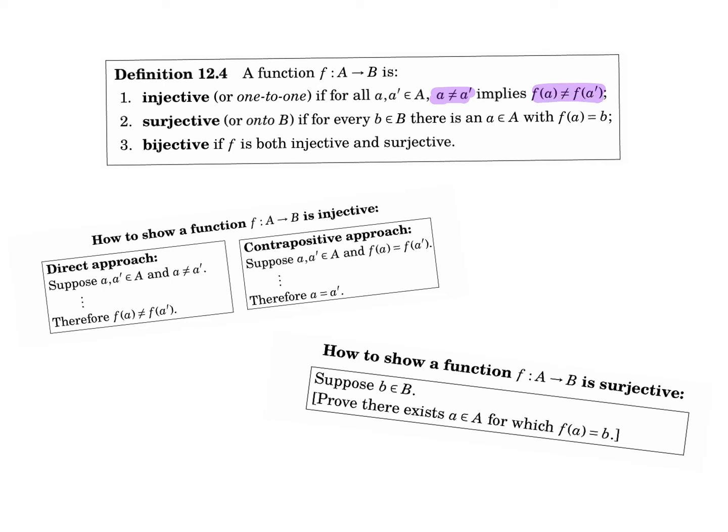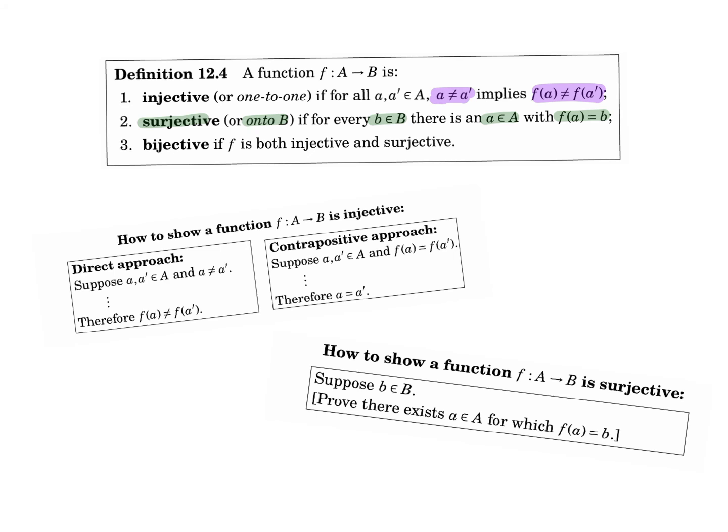So I can't have two unequal elements getting mapped to the same element. And it's surjective, or onto, if for every element in the codomain B, there's some element in the domain that gets mapped to it. So for every b in B, I can find an a such that f(a) equals b. And then it's bijective if it's both surjective and injective. So bijective is just one-to-one and onto.